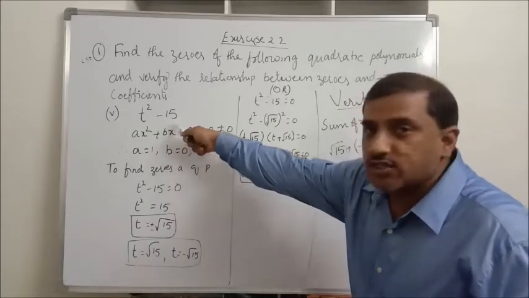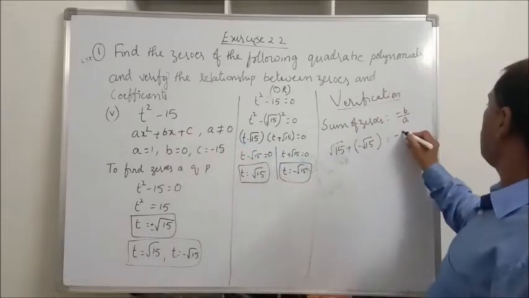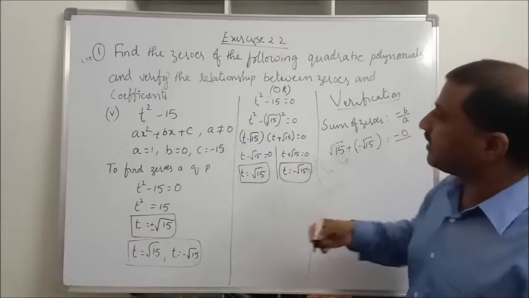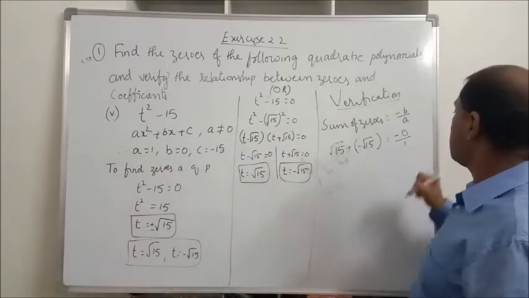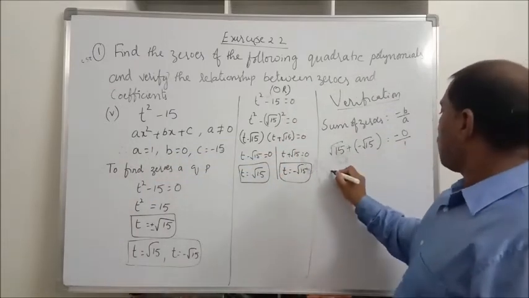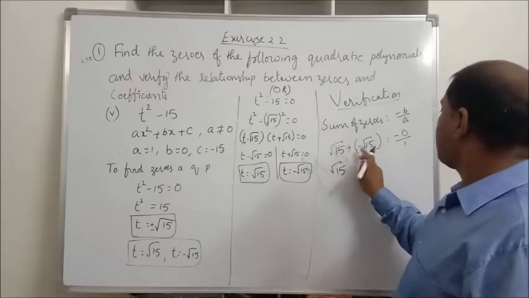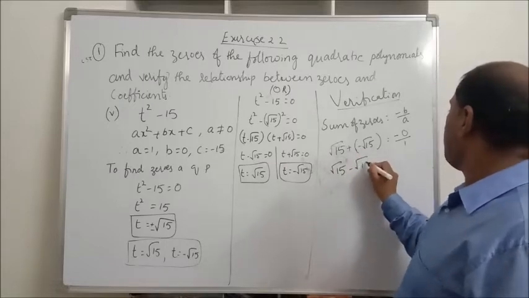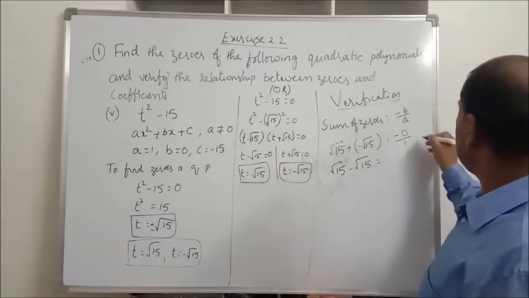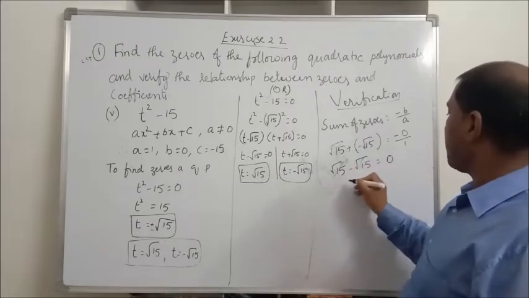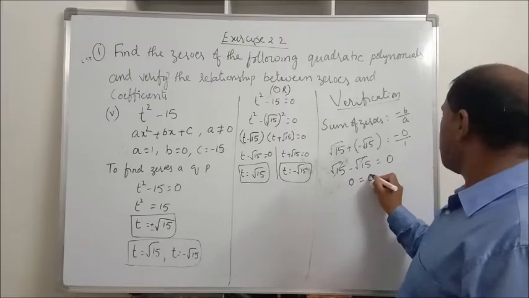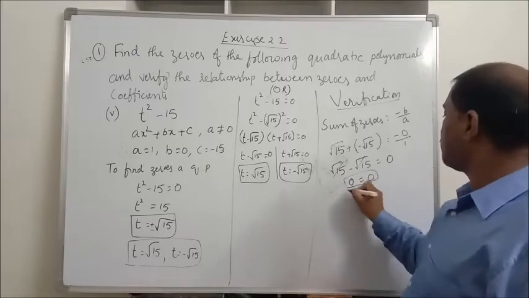In the question there is no middle term, therefore b is 0, divided by a, the x square coefficient, so a is 1. Substituting here, root 15 minus root 15, both will be cancelled, we get 0, that is equals to 0. Sum of the zeros is verified.